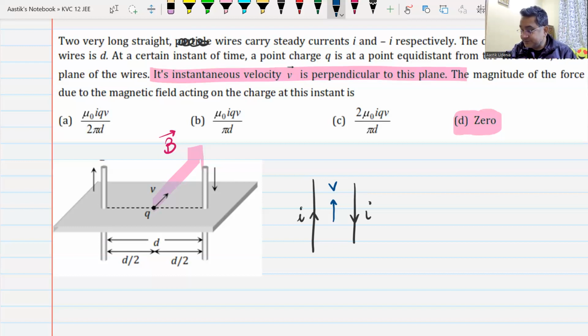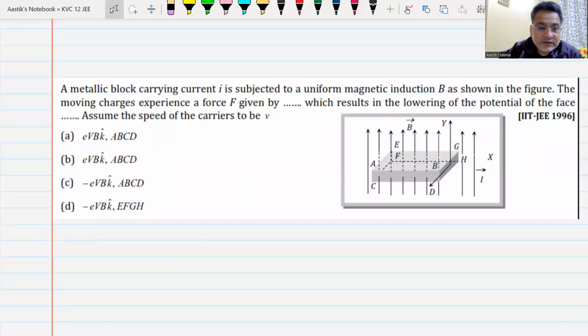Here comes a question from the year that I gave my IIT first time. Let's see if you can do justice to this question. A metallic block carrying current I is subjected to a magnetic field as shown in the figure.